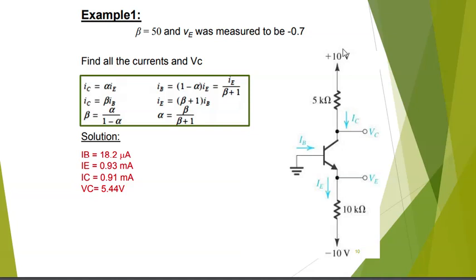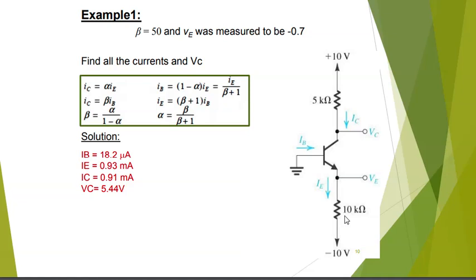This time it's easier, it's like a line. So 10 minus 5 times IC minus 0.2 minus 10 times IE equals minus 10. And IB plus IC will be IE.